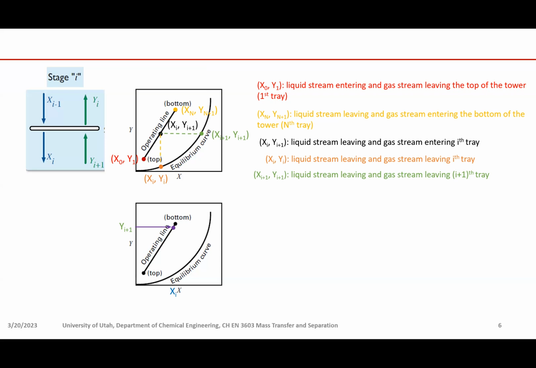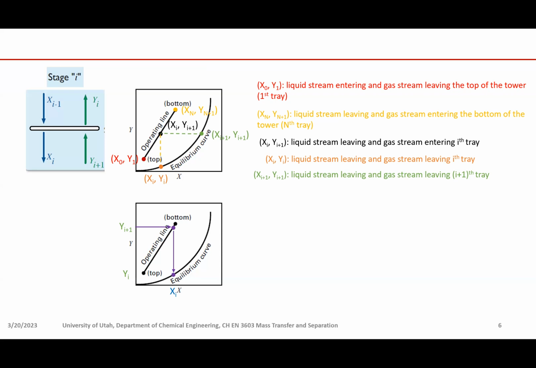That's the first step. Second step is, now we know this xi is in equilibrium with yi, right? So once we know this, we can find out the composition here. You just need to go to the equilibrium curve, right? Graphically, you draw a vertical line from this point, that vertical line will cross the equilibrium curve at this point, right?